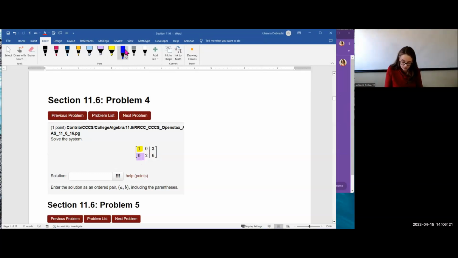So what I'm going to do is take row 2 and divide row 2 by 2 and put it back into row 2. I'm not going to do anything to row 1. So row 1 stays 0, 1, 0, 3. Row 2 becomes 0, 1, 3.